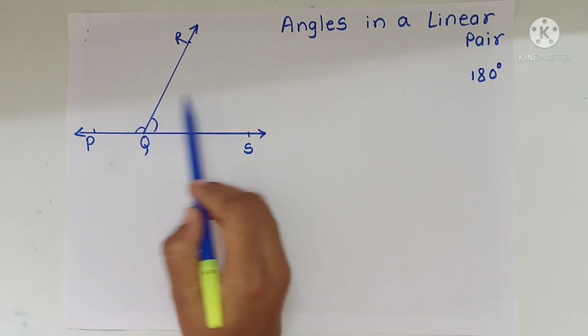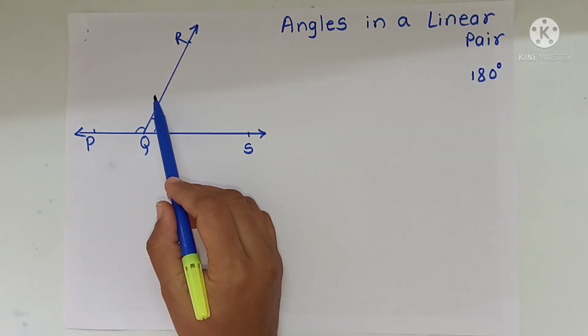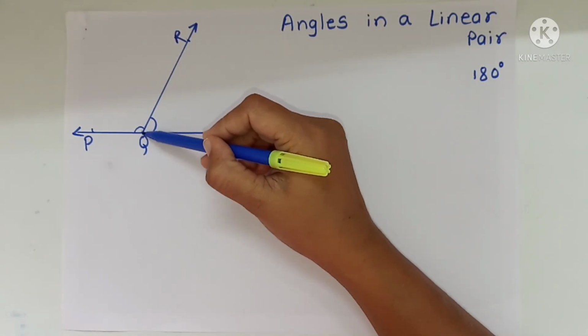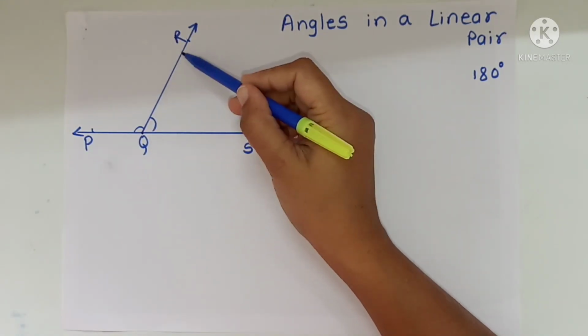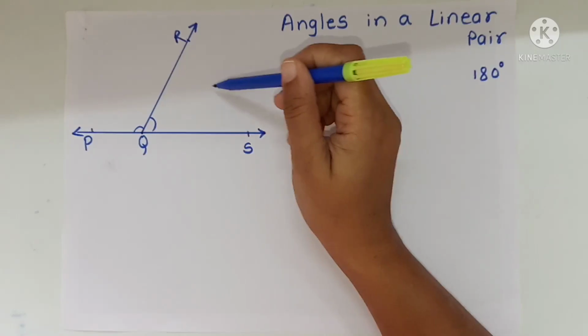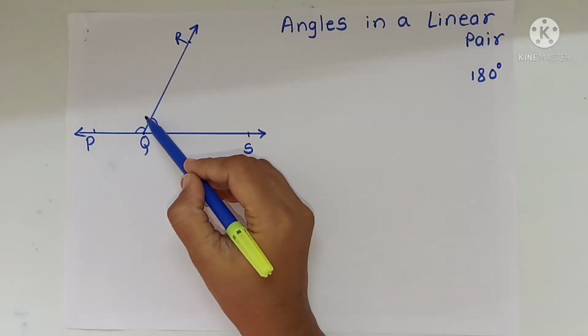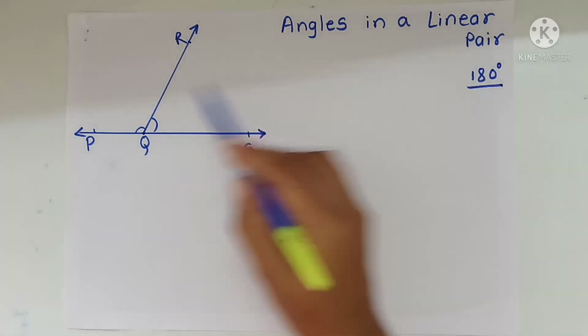So these two angles are supplementary angles and adjacent angles also, because they have a common point, a common arm, and their interiors are separate. The sum of the measures is 180 degrees, so they are supplementary also.